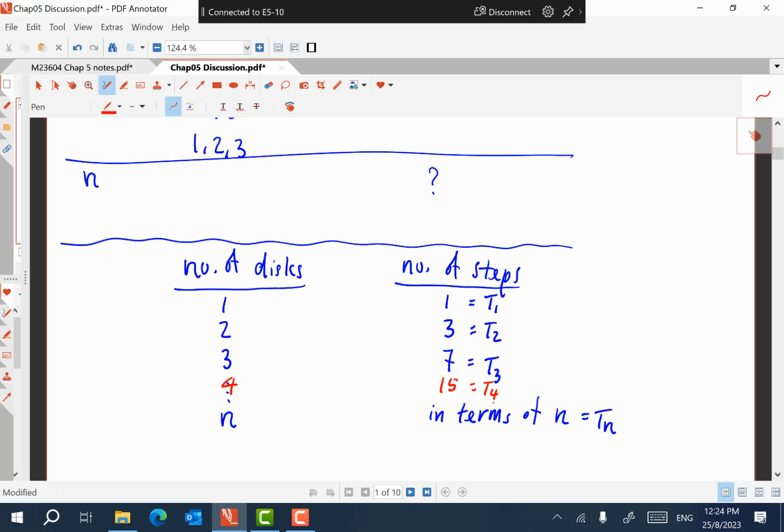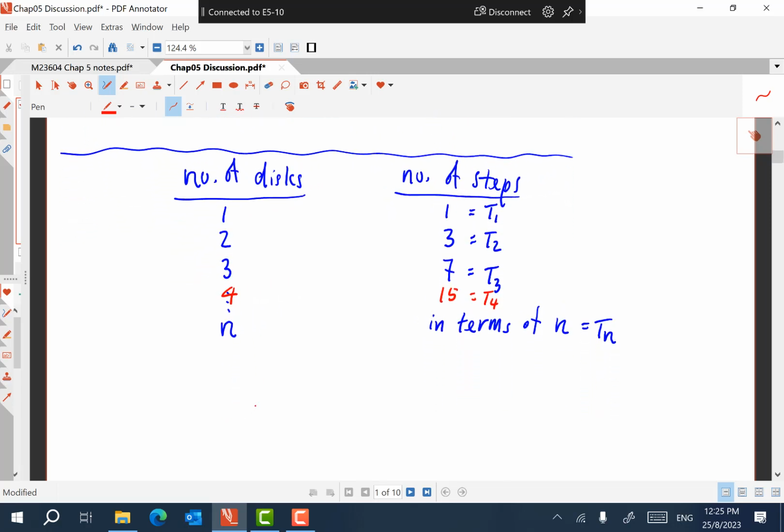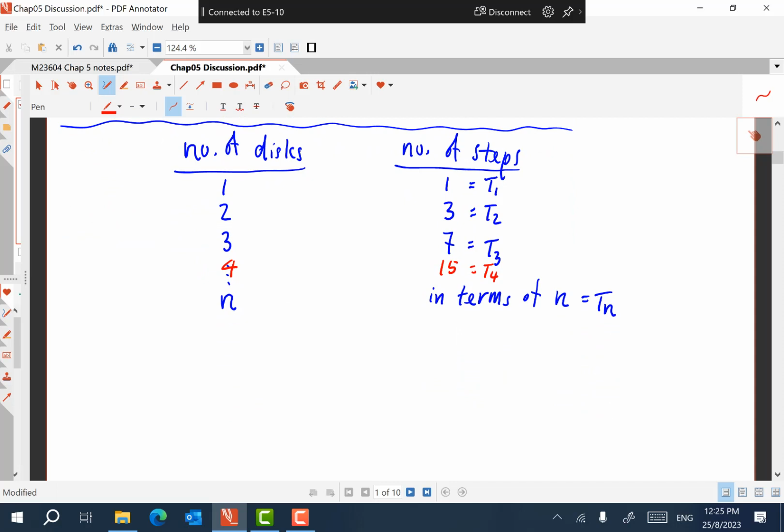So the question is, how do you do it for the case when you have n disks? One way of trying to solve this problem is to first and foremost establish a recurrence relation between Tn and Tn minus 1.